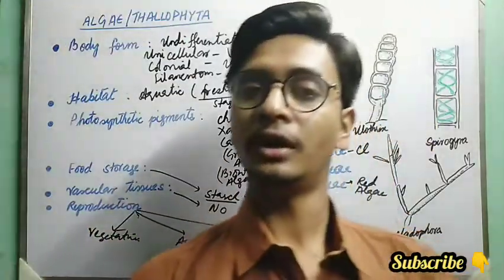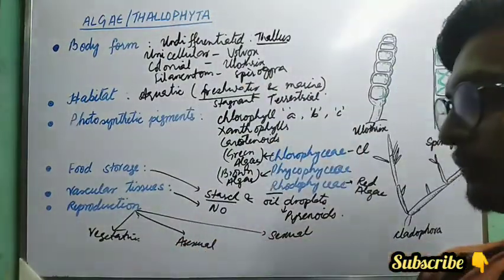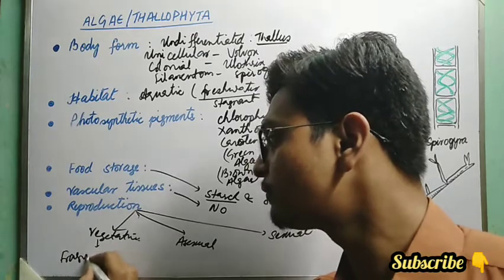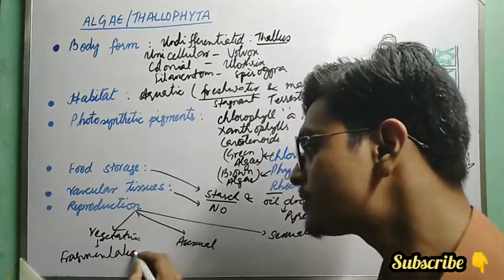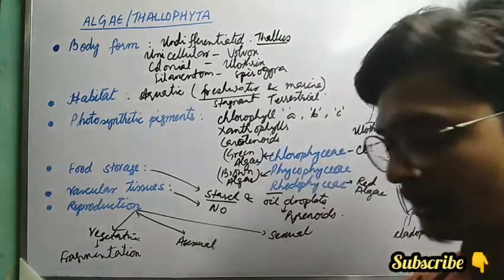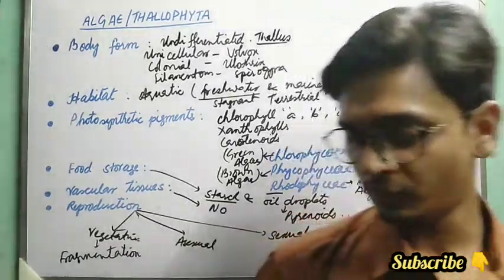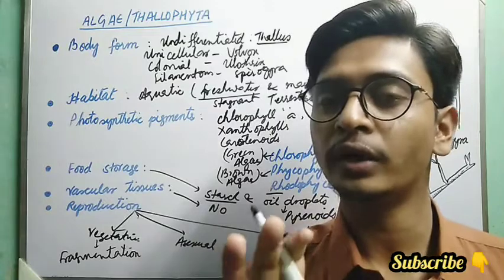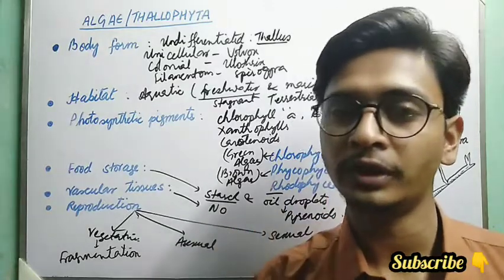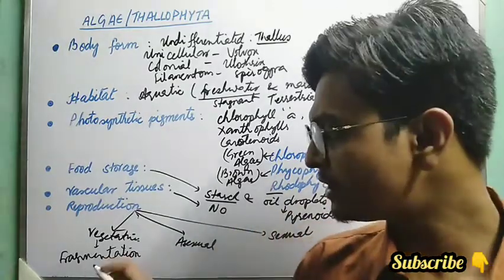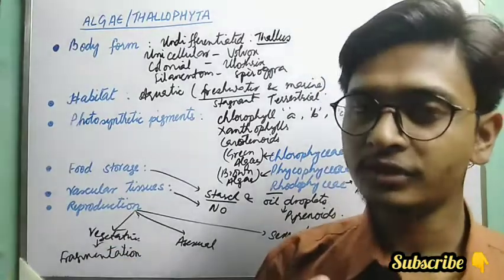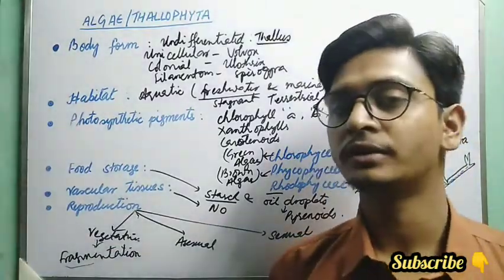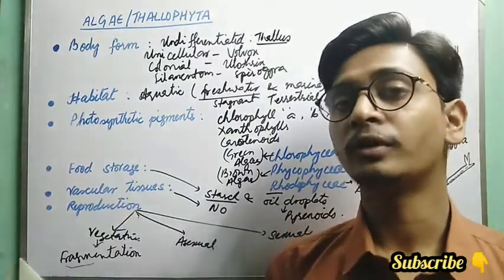So the vegetative form of reproduction occurs by fragmentation of the body parts. You can see class 10, you can watch the class 10 video on the chapter How Do Organisms Reproduce, where there is a lecture about fragmentation. Fragmentation is discussed very briefly there. So you can watch that one for better understanding.